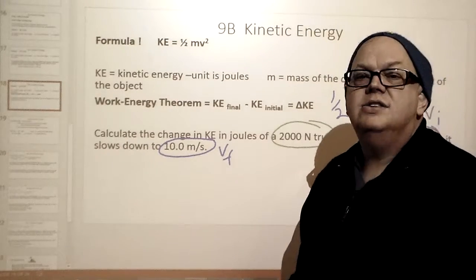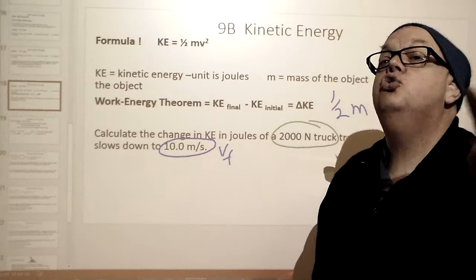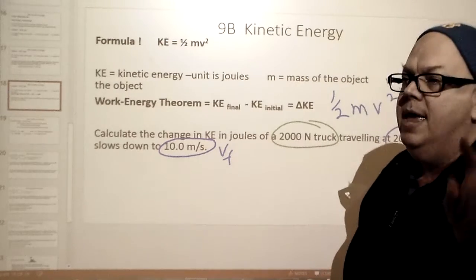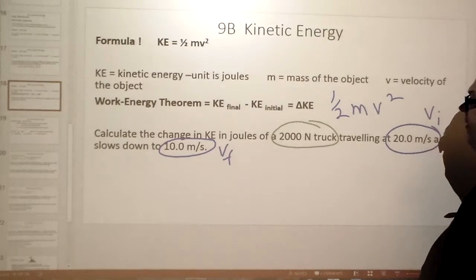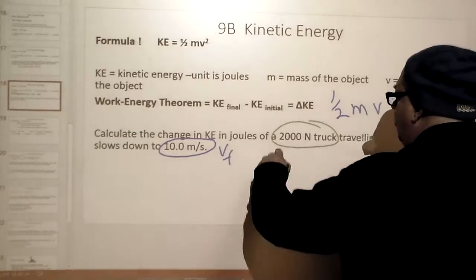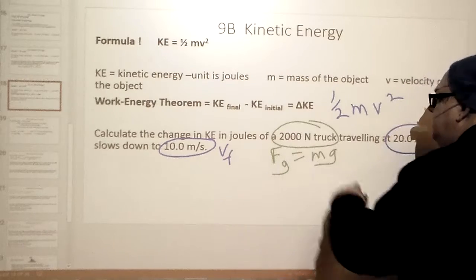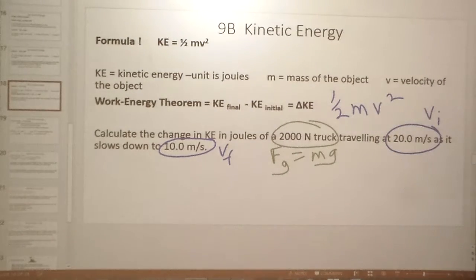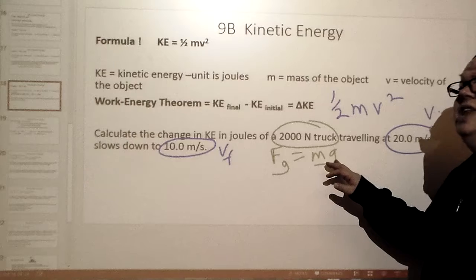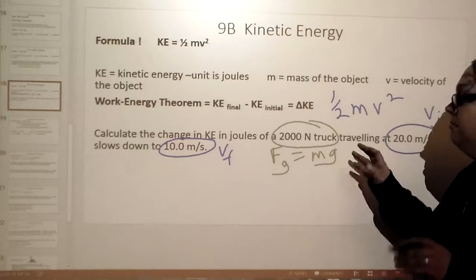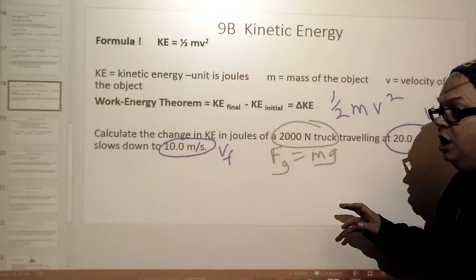But the reality is there is the force due to gravity. So what does that mean? Well, force due to gravity is equal to mass times the acceleration of gravity. Now the acceleration due to gravity is 9.8 meters per second squared.